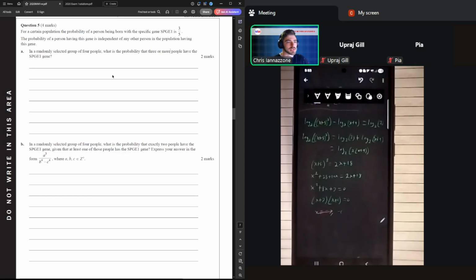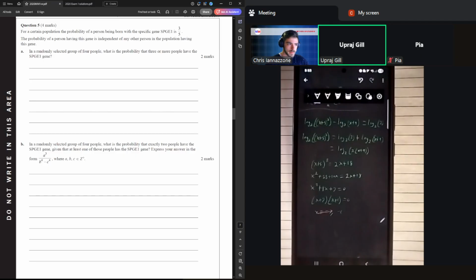Just remember that it's 3 or more. Is the probability of that 27 on 125? 27 on 125 is a bit small. How'd you go about it?